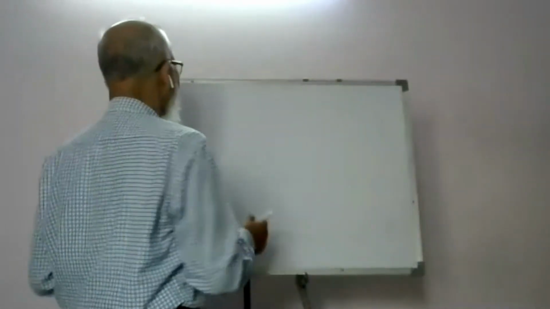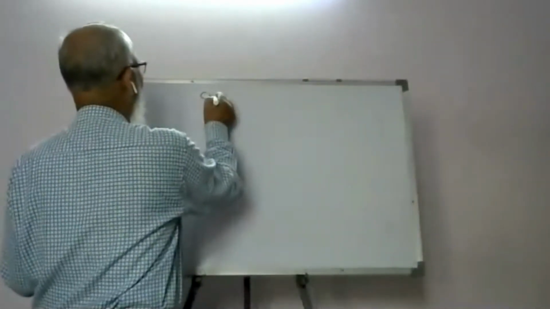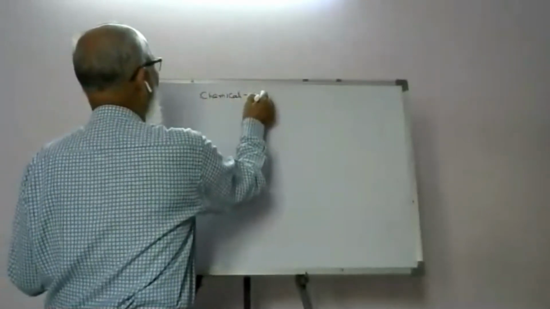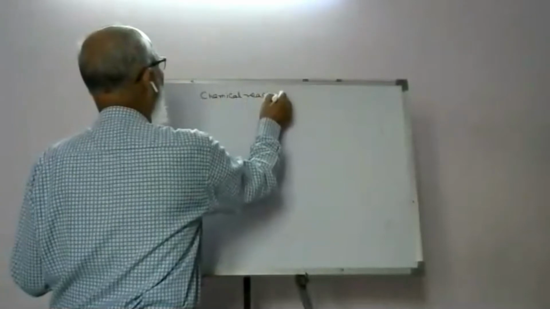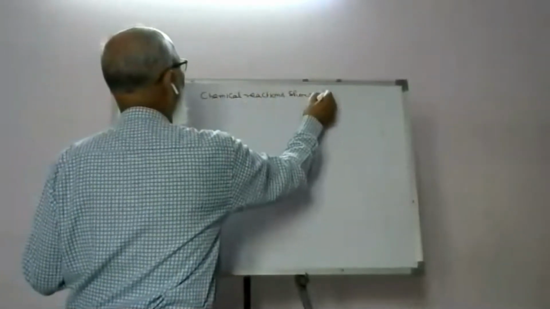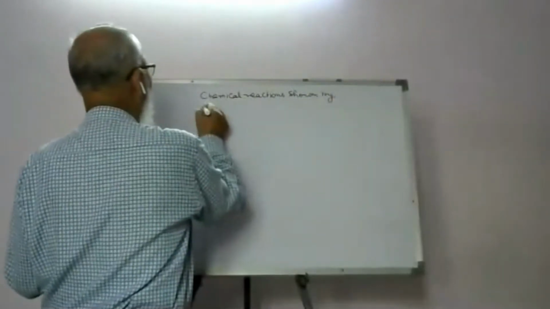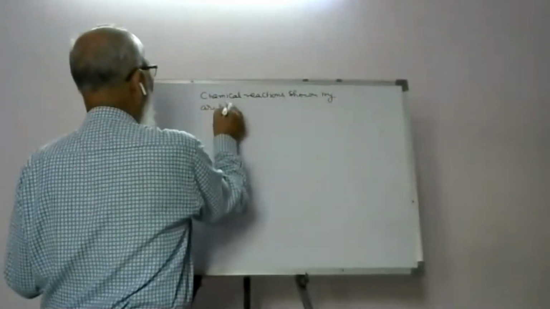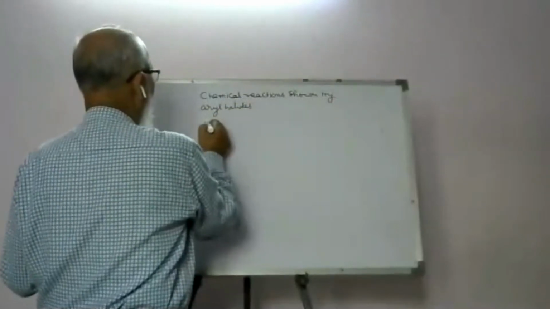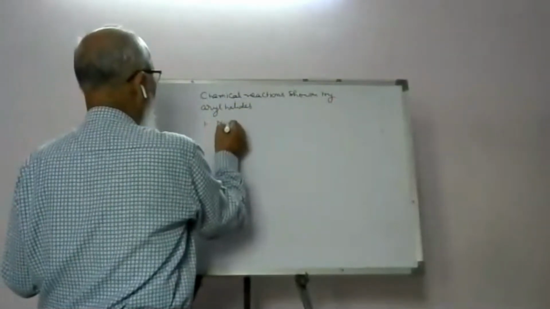So three types of chemical reactions are shown by aryl halides. First is nucleophilic substitution reaction.